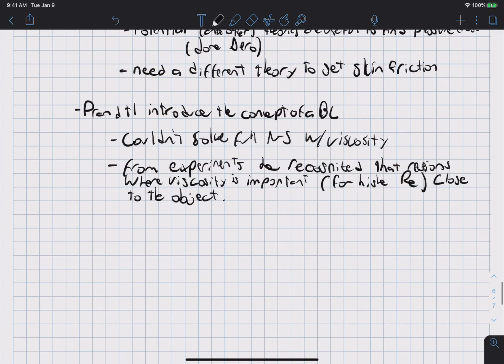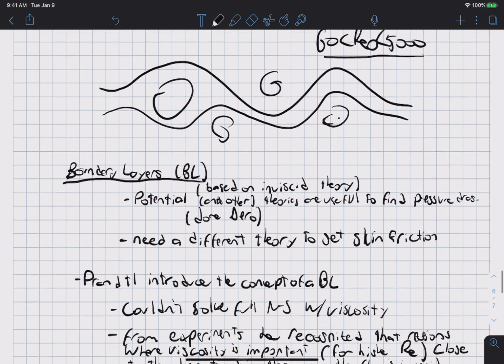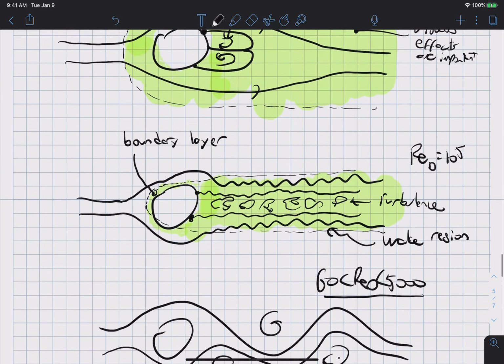And further away, the flow is inviscid. If I scroll back up to the cylinders, there's a very thin region here in green in front of the cylinder, and that region is called a boundary layer.